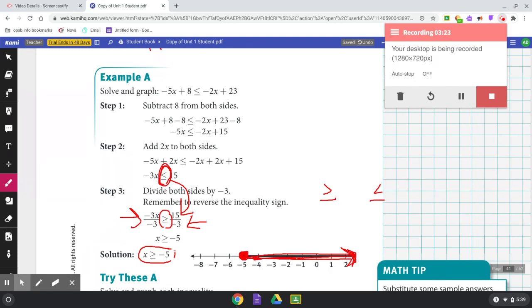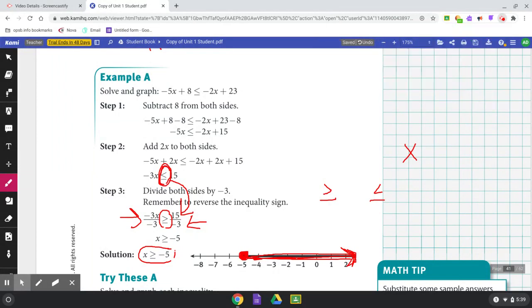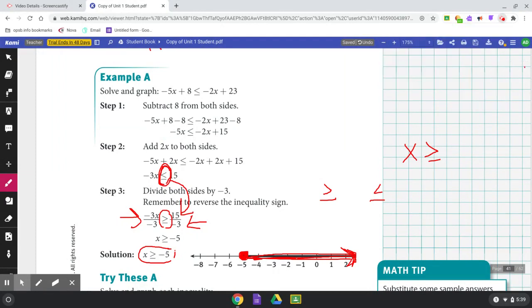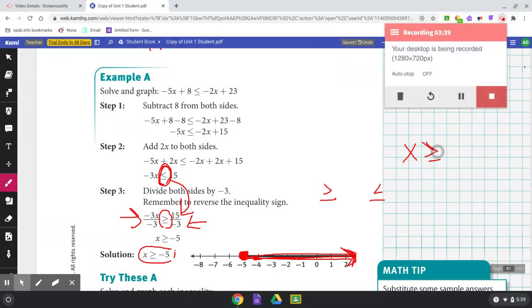Now, one trick that I tell my kids is when you see a variable with greater than or equal to, your arrow is pointing to the right, which means your arrow on your line is going to be pointing to the right. Okay?